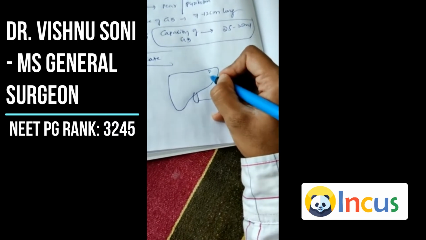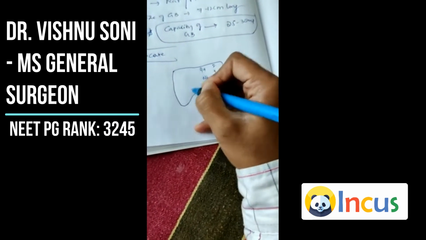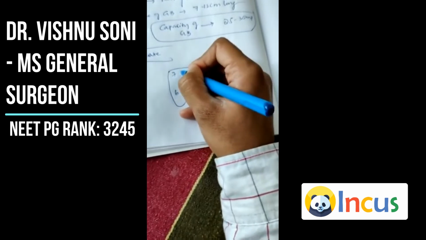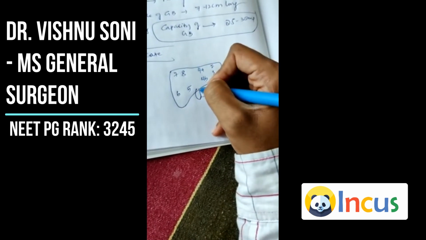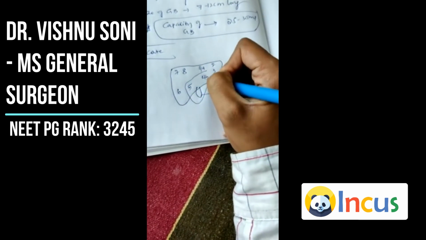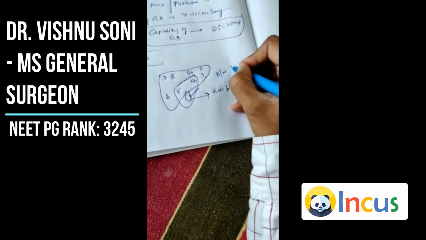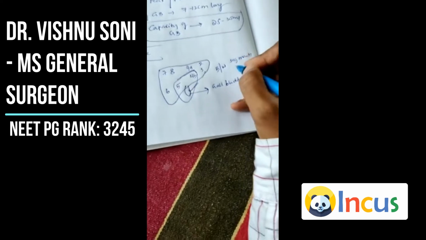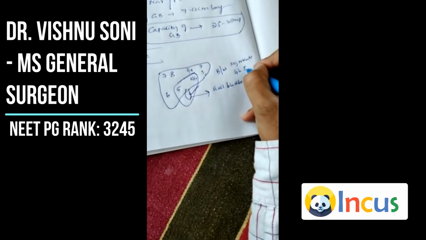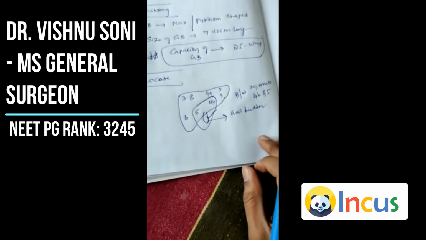It is 2, 3, 4A, 4B, 5, 6, 7, 8. So between segments 4B and 5 is your gallbladder. Right.